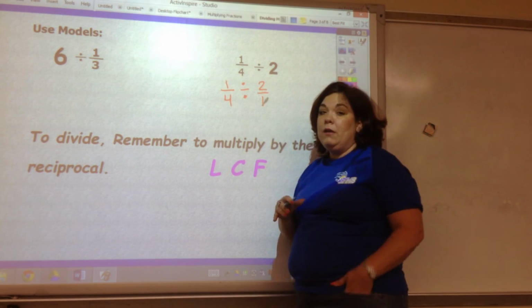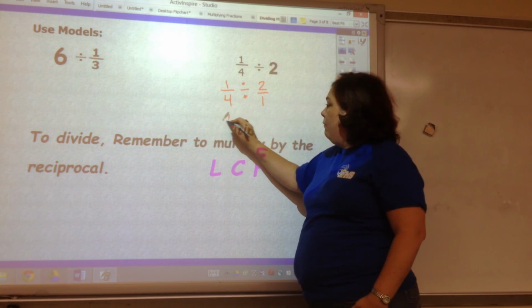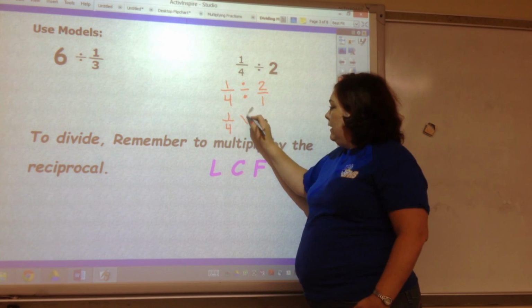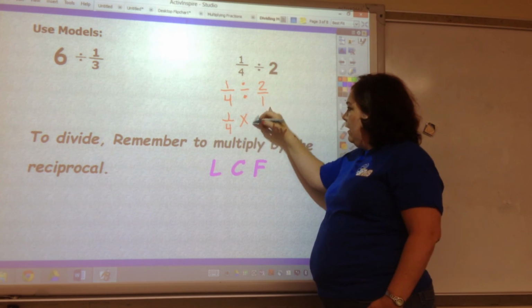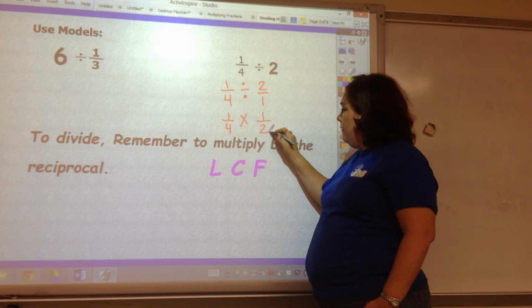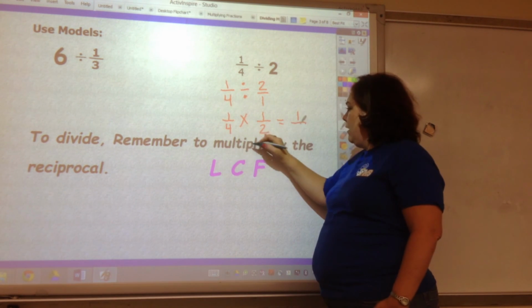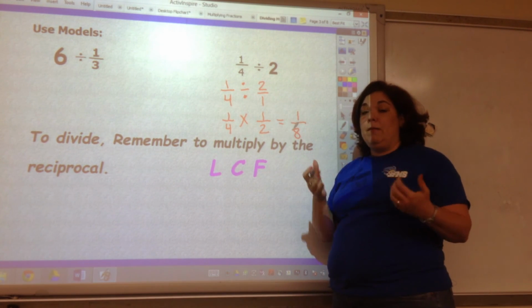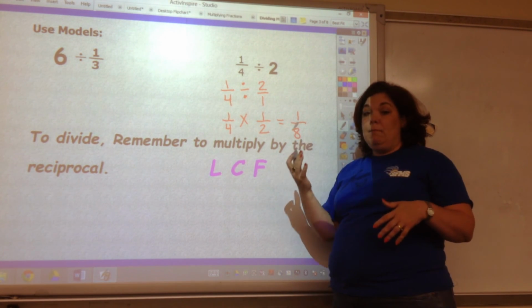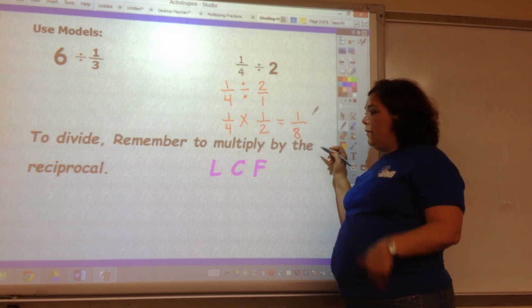Go ahead and write it where everything's fractions. And then I have 1/4, leave, change to multiplication, and flip, 1/2. And so this is 1 times 1 is 1, and 4 times 2 is 8. And so I do get 1/8, and that's what my model showed. But I can do it mathematically and just use the numbers.